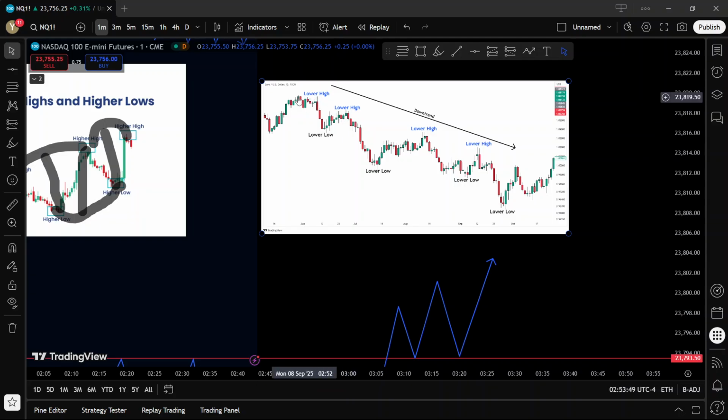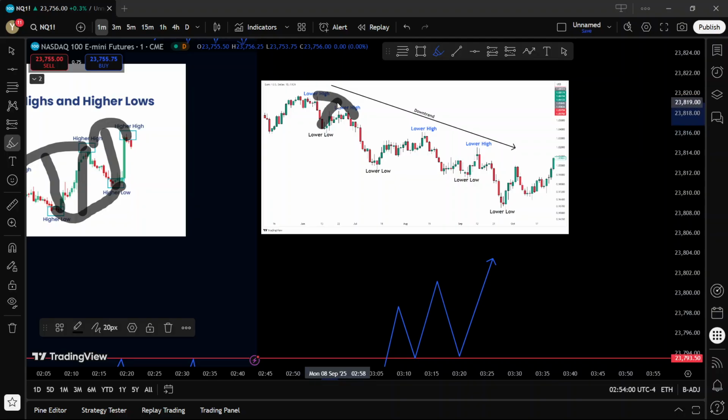And it didn't take out the previous lower high, so that means that we're still on the downtrend, right? And like I was saying, if you mark from this lower high to this lower high, the lower low is always going to be in the middle. And from this lower low to this lower low, the lower high is always going to be in the middle. And then from this lower high to this lower high, the lower low is always going to be in the middle.